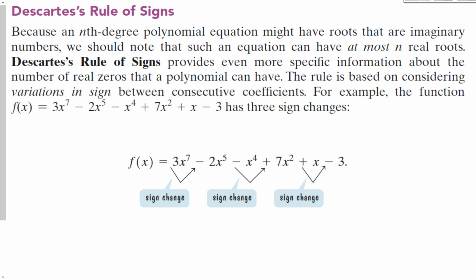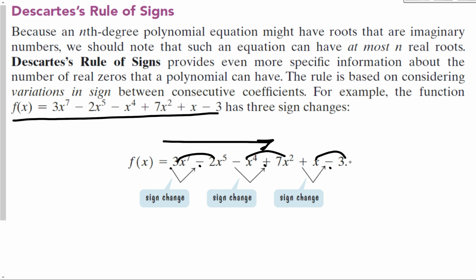For example, this polynomial right here has 3 sign changes. It starts positive, changes to negative, stays negative, changes to positive, stays positive, changes to negative. So we look from left to right and we just say, that's a change, that's a change, that's a change. So this particular polynomial has 3 sign changes.